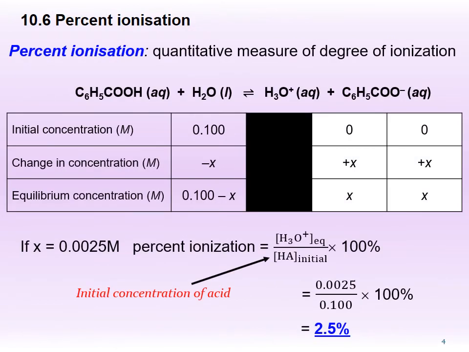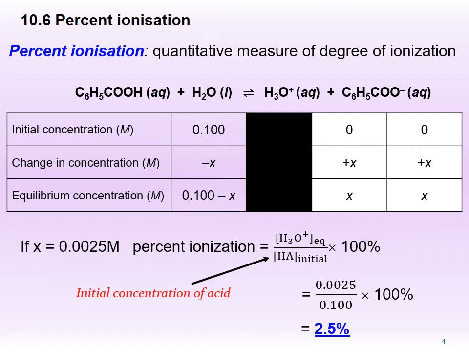We have seen that the acid ionization constant Ka gives us an idea of the strength of an acid. There is another way to determine the strength of an acid. It is percent ionization, which is a quantitative measure of the degree of ionization. In this example, after using the ice table for the weak acid benzoic acid and solving for X the usual way, we can find percent ionization.